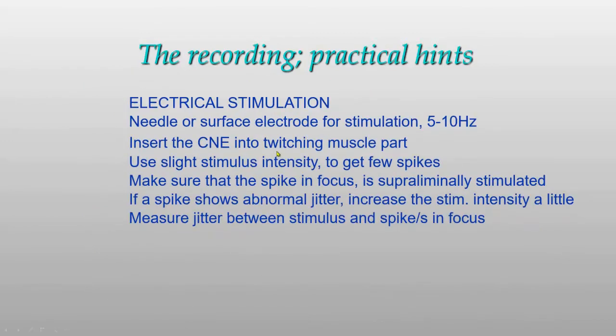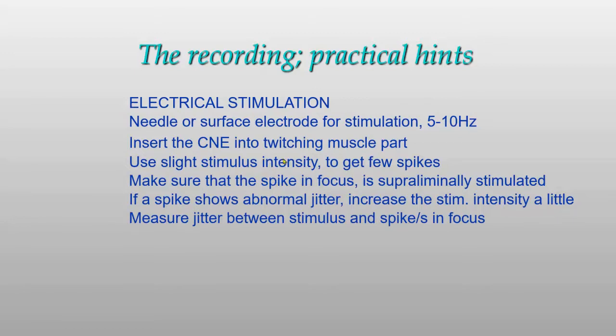When we have electrical stimulation, we use 5 to 10 Hertz. We stimulate the nerve and insert this concentric needle electrode into the twitching part of the muscle. We use a slight stimulus intensity to get very few spikes in the recording.